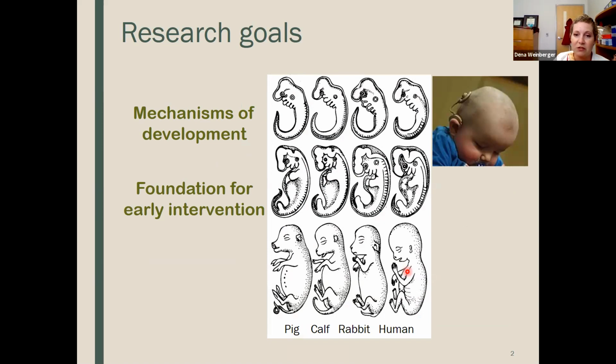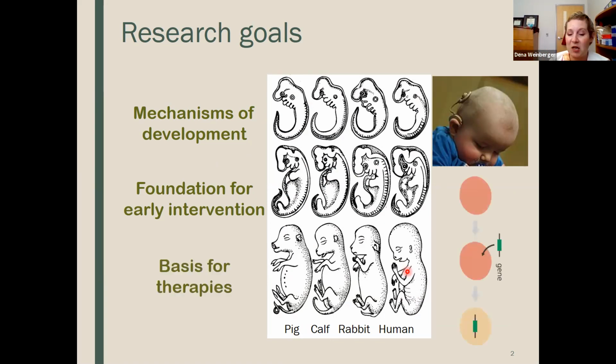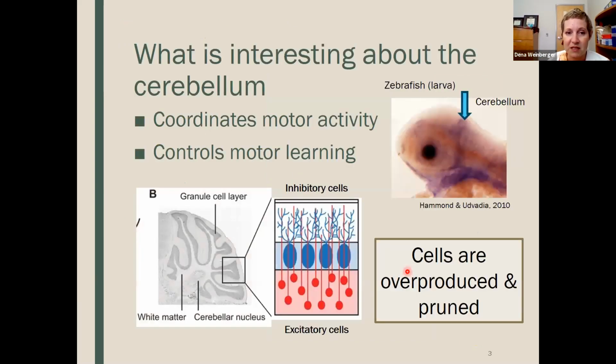Since I'm focused on the nervous system, what are things that we can do when we know there's a problem, likely because of a genetic defect or whatever, to minimize that risk or to devise therapies when early mitigation isn't a possibility? That's the framework that I work through. I focus on the development and function of the motor system, and today I'm going to be focusing on the cerebellum, which is this region in the zebrafish.